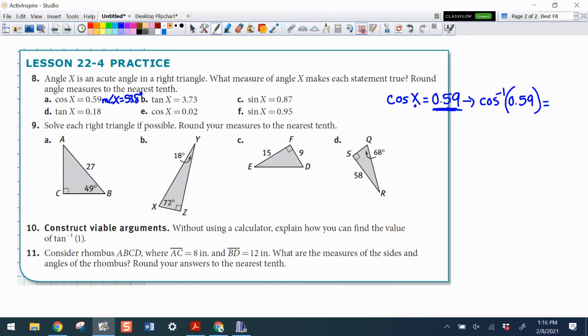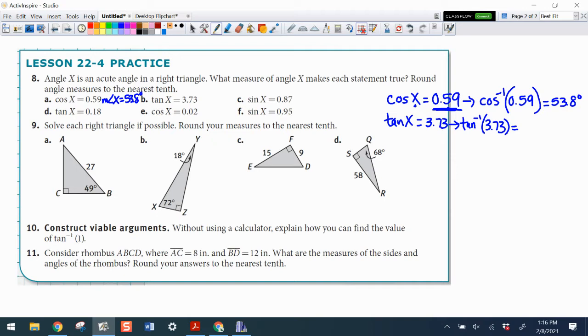It's a pretty simple concept once we know how to use the calculator, but let's just make sure we understand the context of this idea. So let's look at B. If truly the tangent of X is 3.73, then the tangent inverse of 3.73 should be the measure of angle X. I'll go and provide the measure of angle X from A right there.